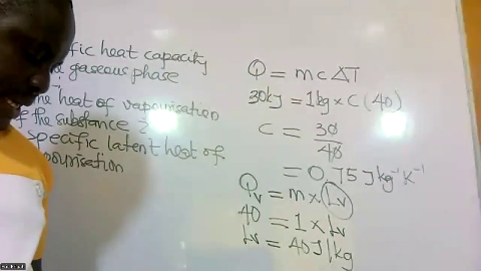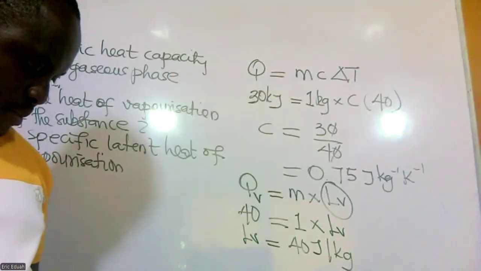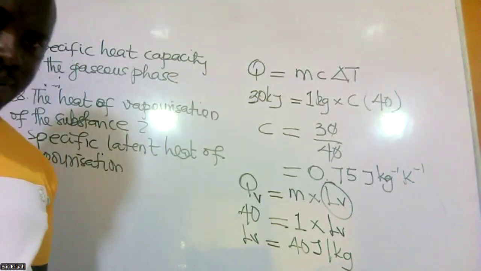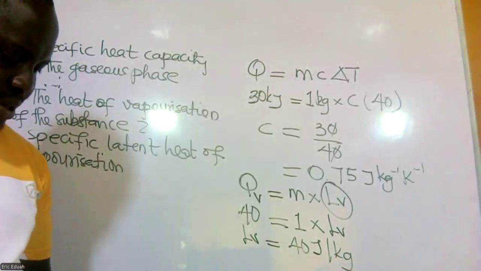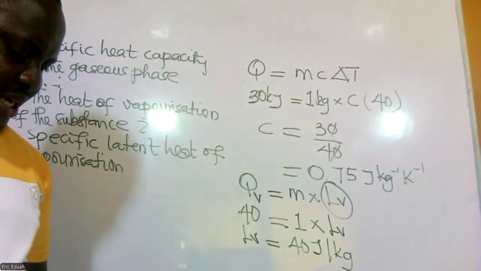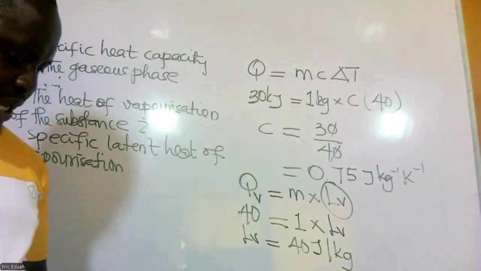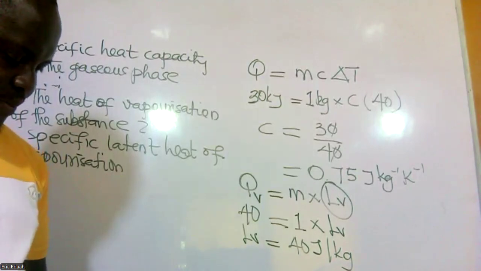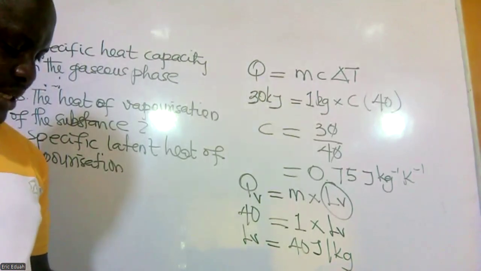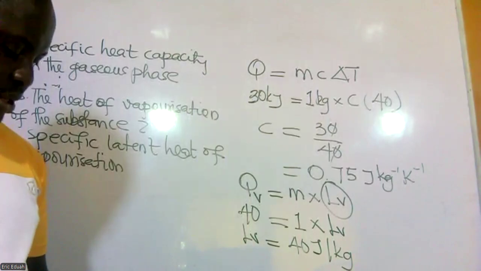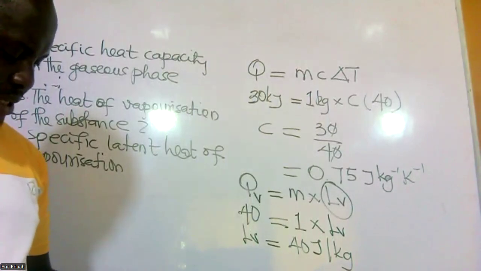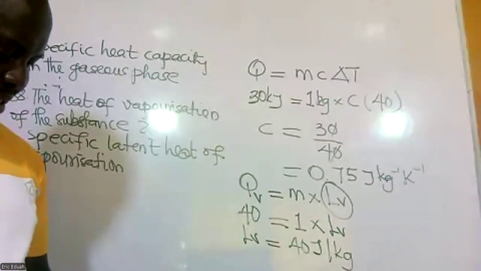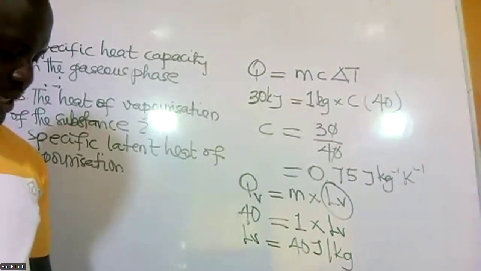Then 89. Okay, 90. Compared with the specific heat capacity of the substance in the liquid phase, the specific heat capacity of the substance in the solid phase, will it be less, greater, or the same?